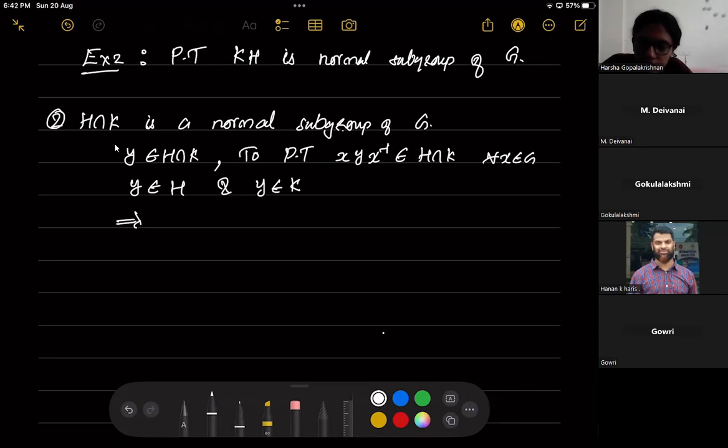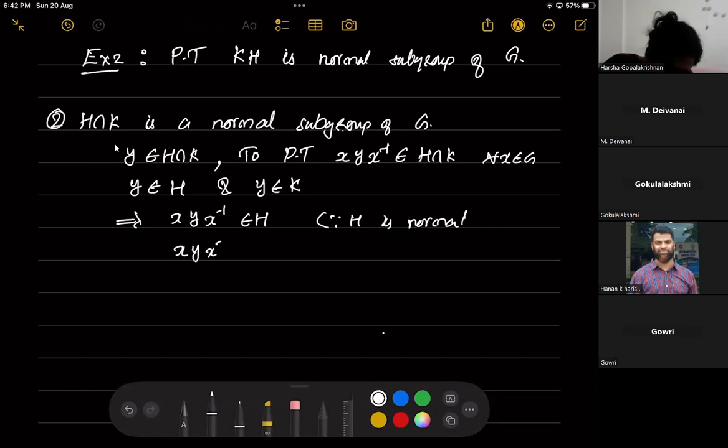There exists X, XY X inverse belongs to H because H is normal. Similarly, XY X inverse belongs to K. These both conditions are there because K is also normal. Correct?